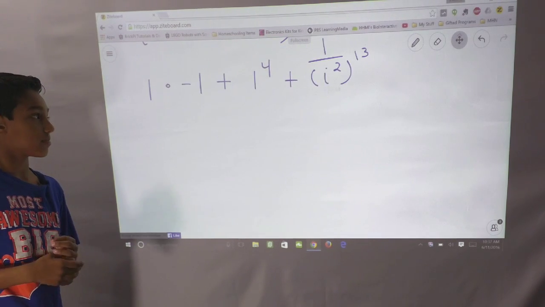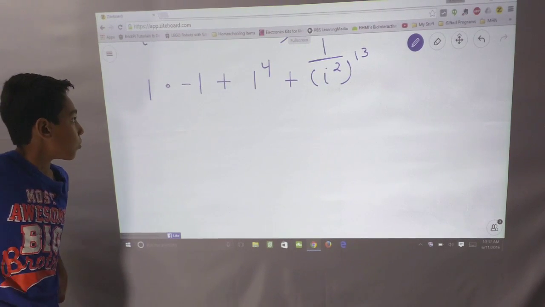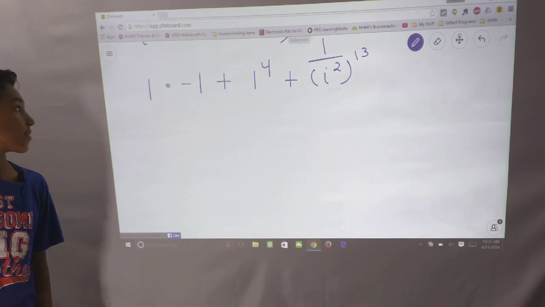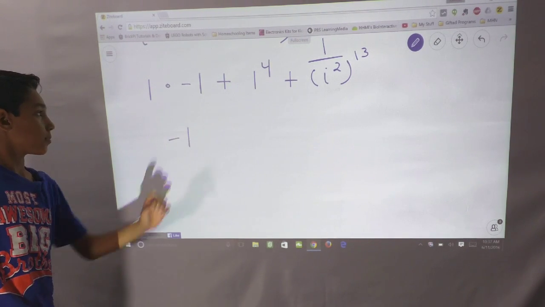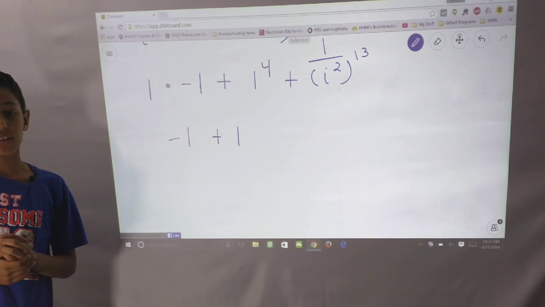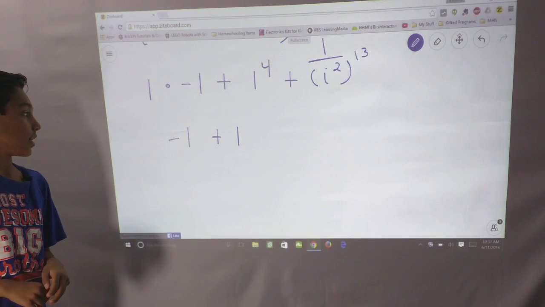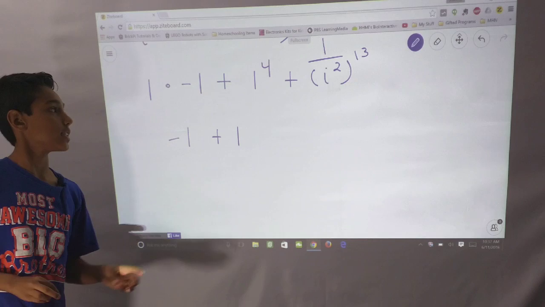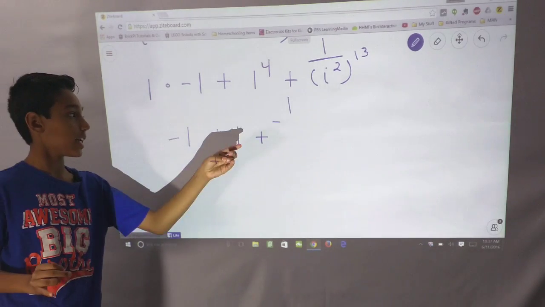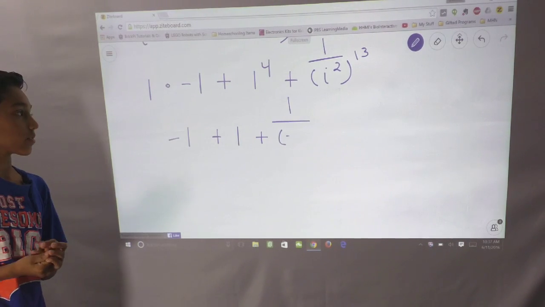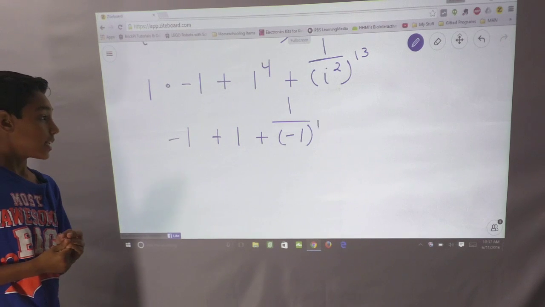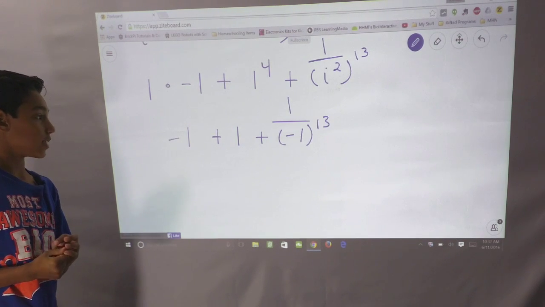Now we can start simplifying. 1 times negative 1 is negative 1, and negative 1 plus 1 to the power of 4, which is just 1. Then plus 1 over i squared, which is negative 1, to the power of 13.